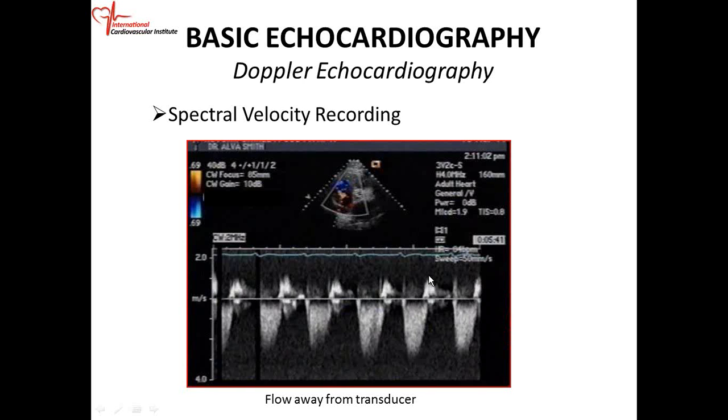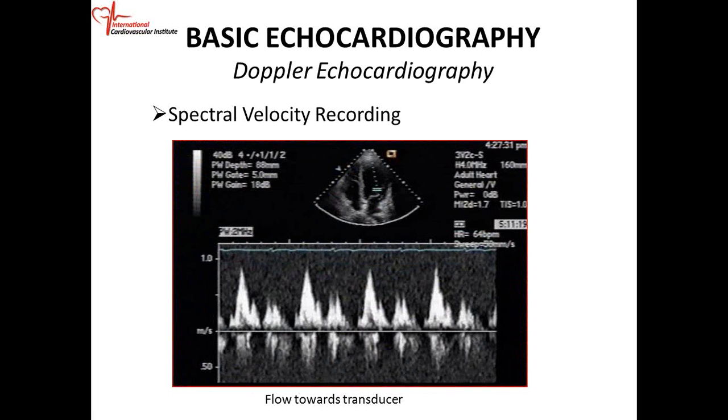See that? But they're below the baseline because the flow is away from the transducer. So flow away from the transducer is below the baseline and negative. And in this case, it's tricuspid regurgitation. It's a systolic flow. So it occurs in systole. Remember, systole is from the QRS to the T wave.